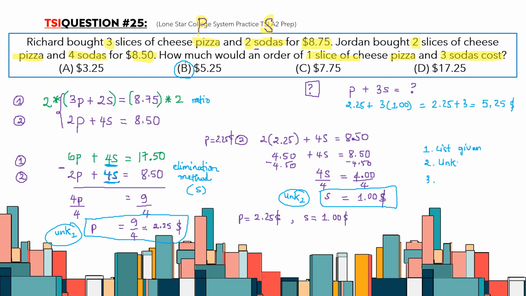Then we try to find the answer to the question. They're asking for one slice of cheese pizza, so P plus 3 sodas, 3S. Sometimes the unknown is the question, but sometimes you have to find the unknowns before you answer the question.